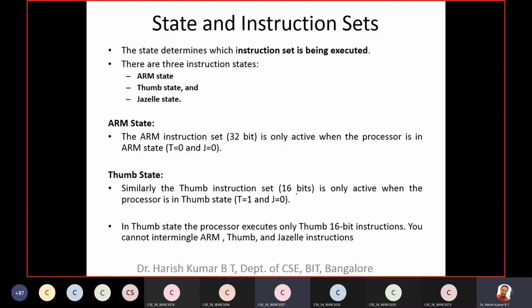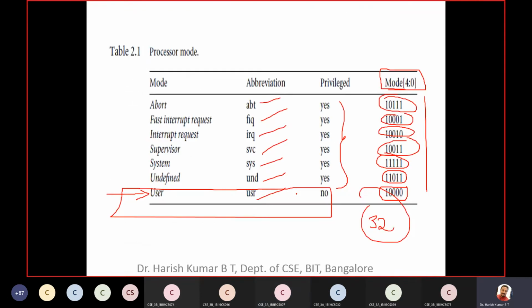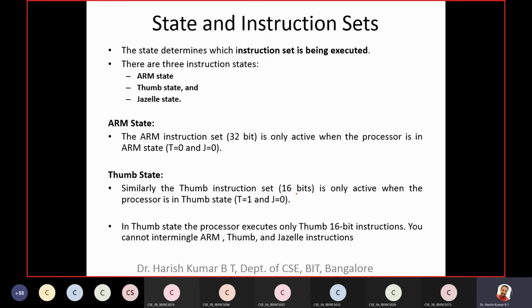After understanding the processor modes, the next thing to understand is the processor state. As you already know, 3 states are possible. Don't confuse the states and the modes: ARM state, thumb state, and Jazelle state.